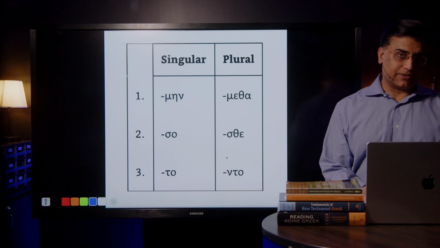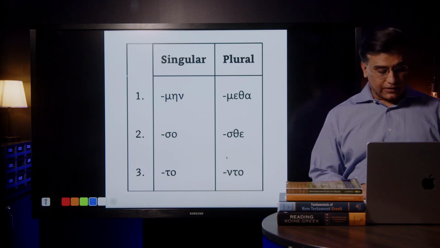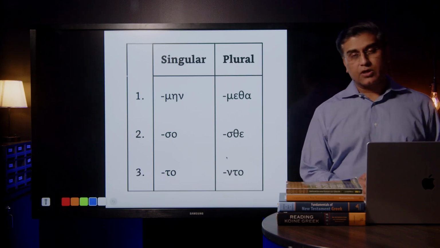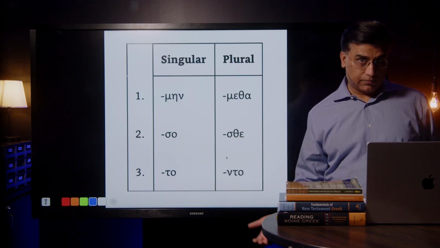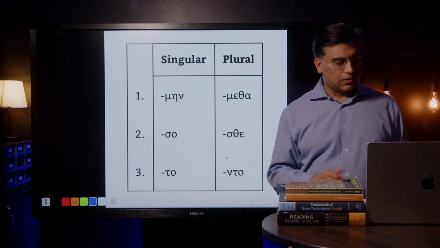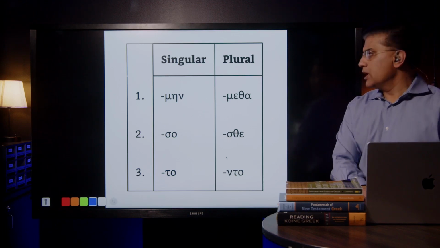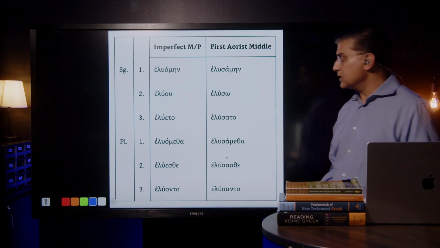But let's apply these secondary tenses to the imperfect middle passive and the first aorist middle, because they take those secondary tenses. So let's start with the imperfect middle passive, found on page 98.